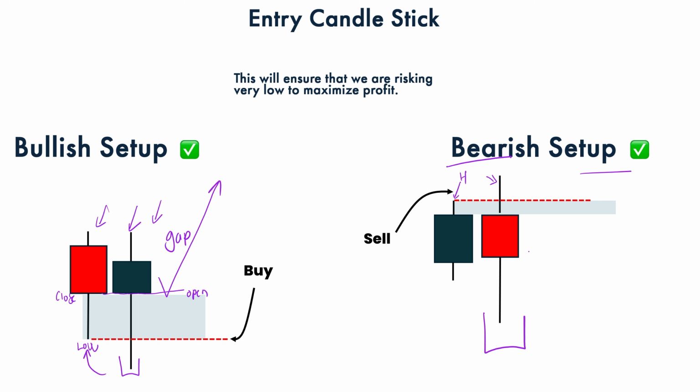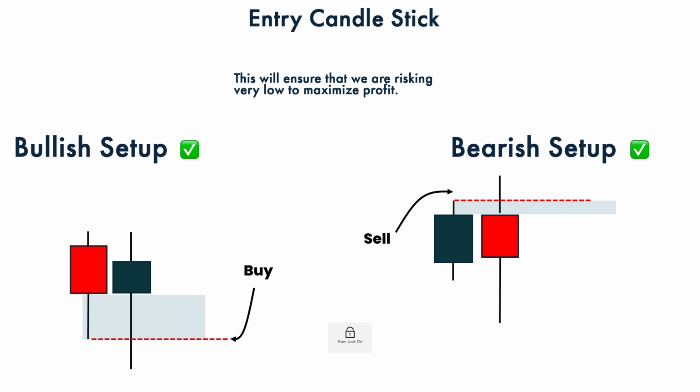Then around this area, you can look to sell on the open or the close of this candlestick, look for a retracement, and then look for a short even here. Sometimes price can still trade slightly higher than this candlestick's high, but our stop loss will be protected here. This will be our stop loss area.